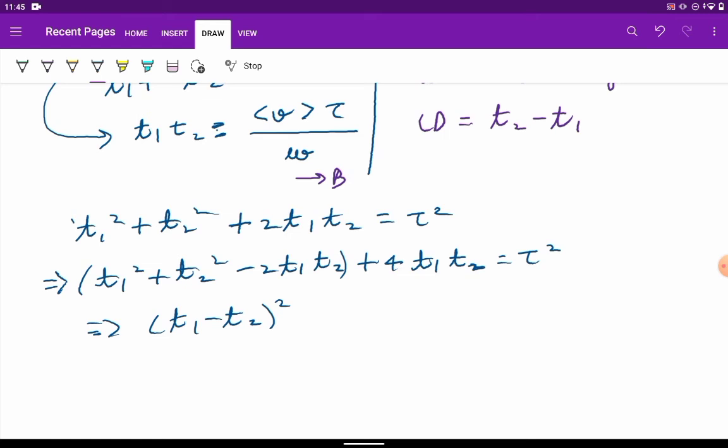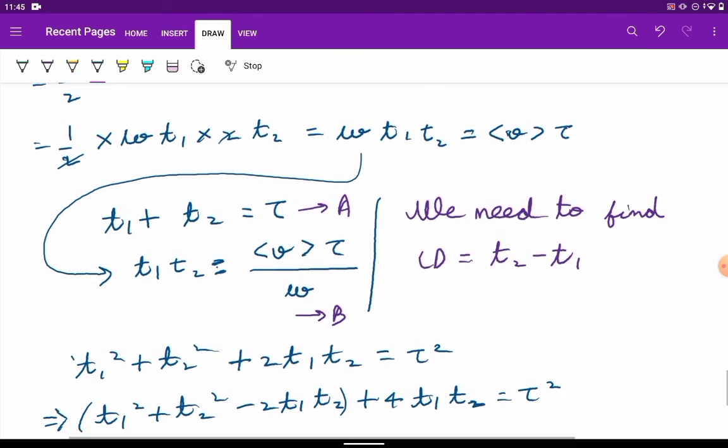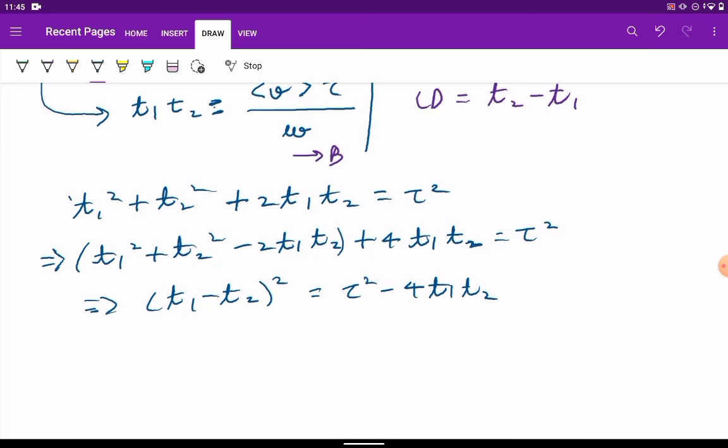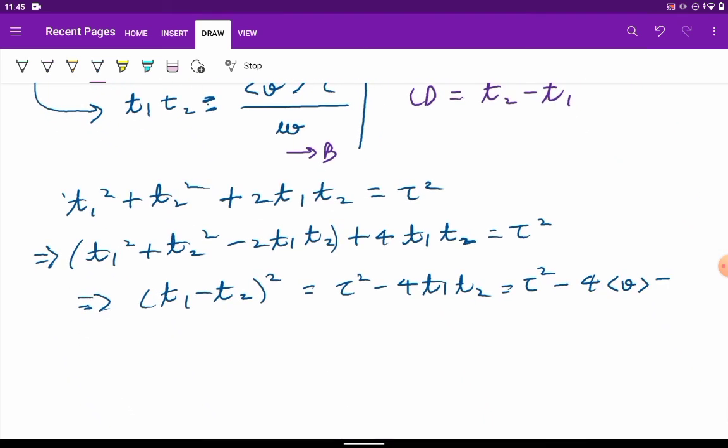I mean, we need the square root of this. This becomes tau square minus 4 T1 T2. But we know from B that T1 T2 is average velocity V times tau by W, so tau square minus 4 times V tau by W.